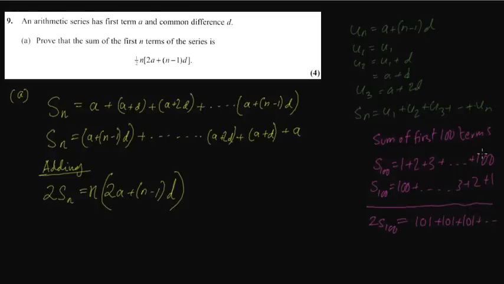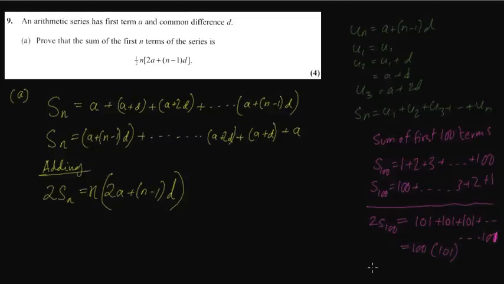If you want to check the last one, 1 plus 100 is 101. So every term is going to be 101. Now instead of adding 101 a hundred times, we know there are 100 terms, so we can just say 100 into 101.